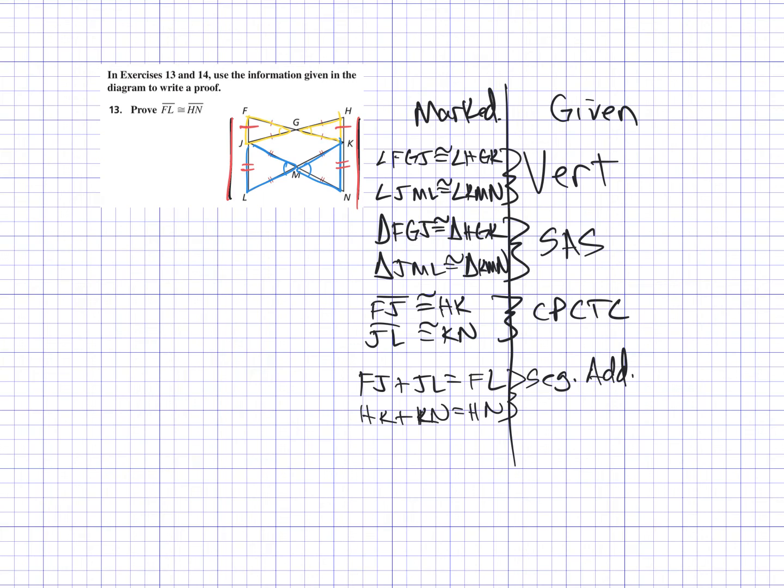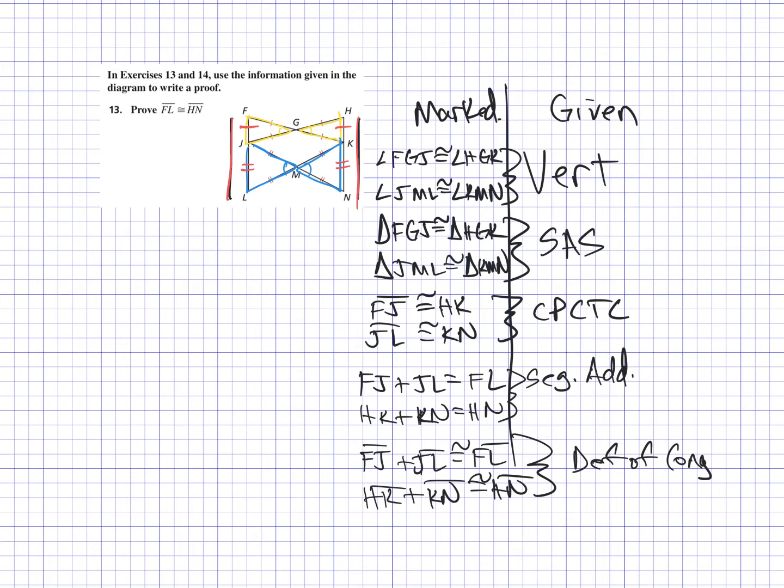That's all segment addition. So if they're equal, then they're congruent. So FJ plus JL is congruent to FL, and HK plus KN is congruent to HN, and that's the definition of congruence. If they're equal, they're congruent. Okay, so now that they're congruent, we can do substitution.